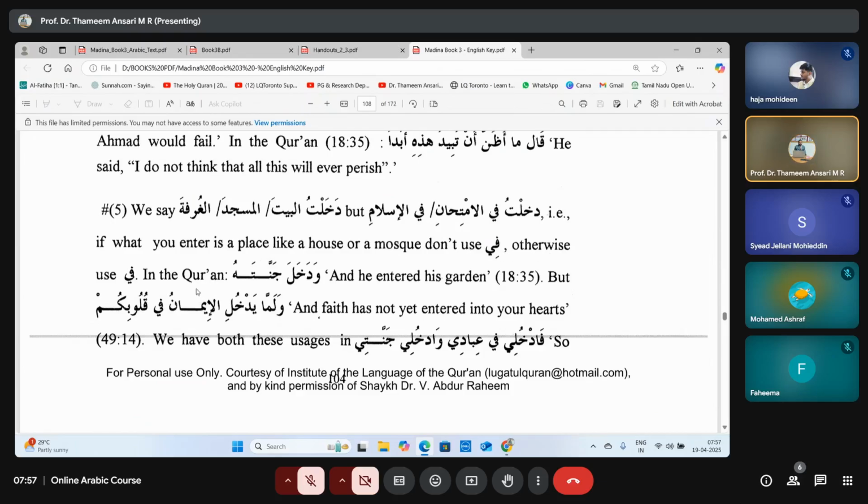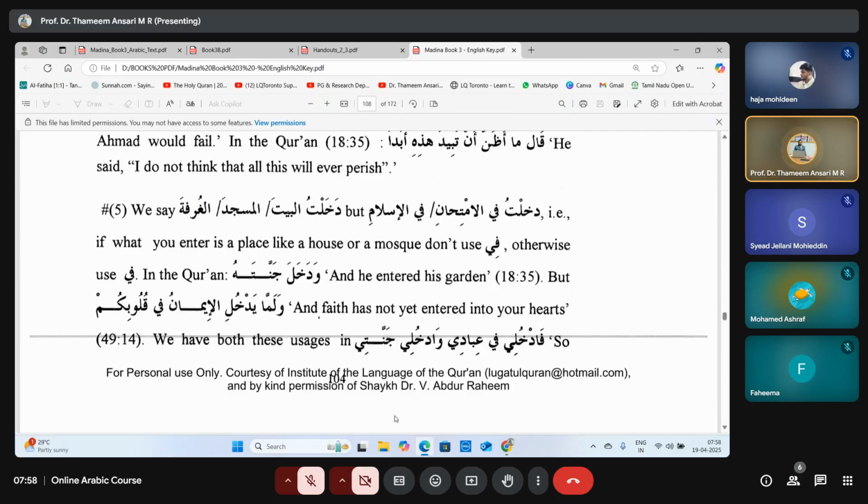Otherwise, use fi. In the Quran we have dakhala jannatuhu, and he entered his garden, Surah Al-Kahf, verse number 35. But walamma yadkhulul imanu fi qulubikum, here you have used the fi, and faith has not entered into your hearts. Correct? Chapter number 49, verse number 14.